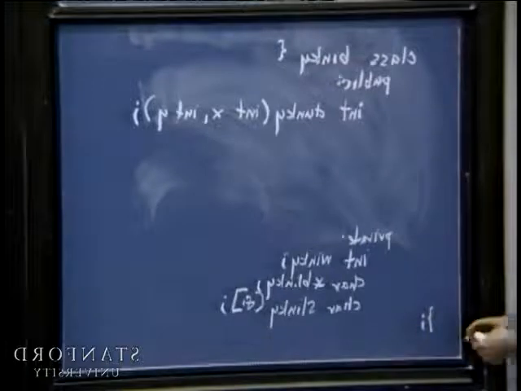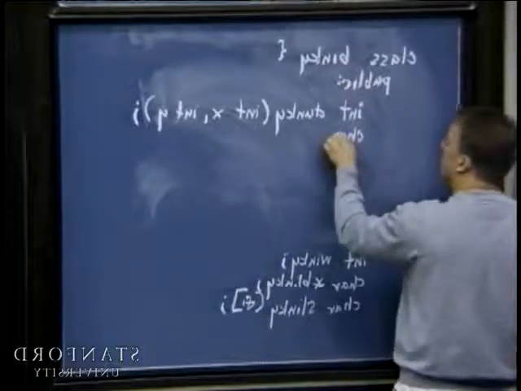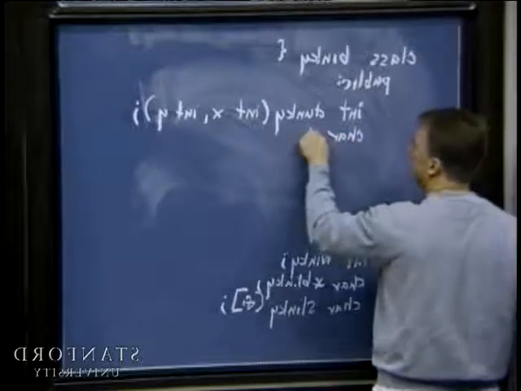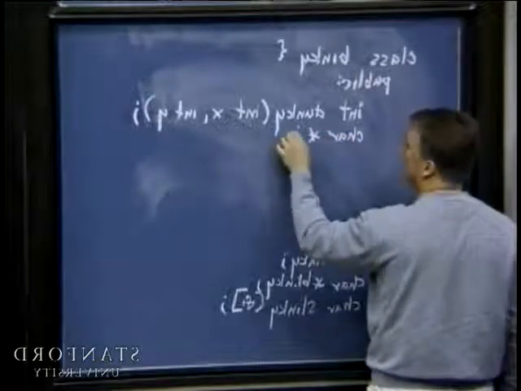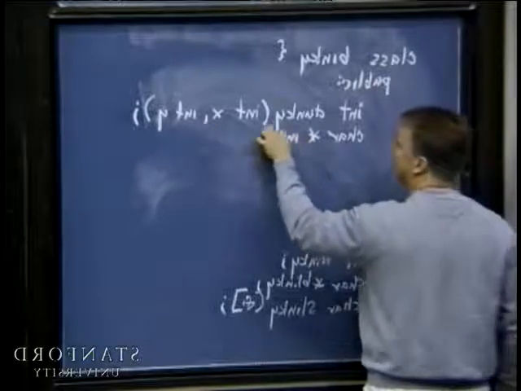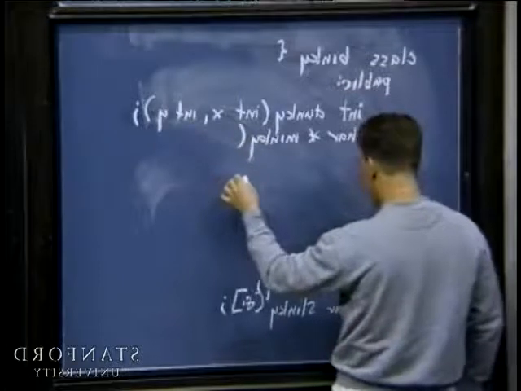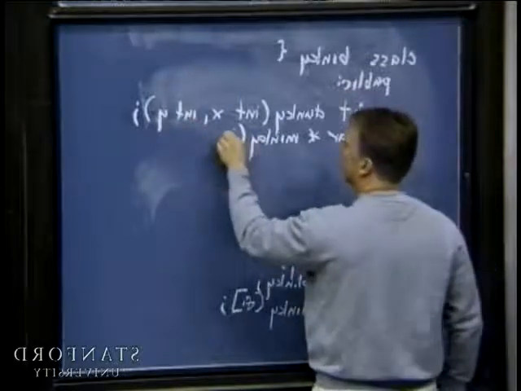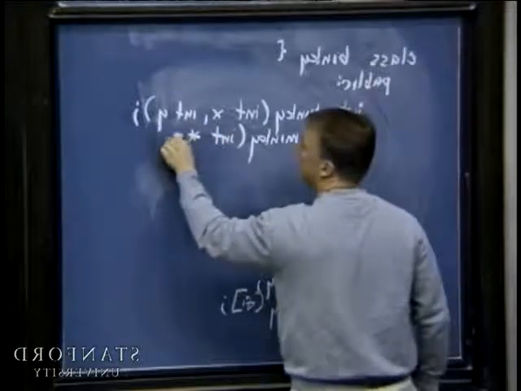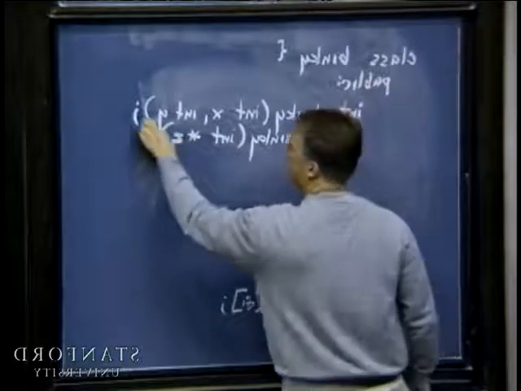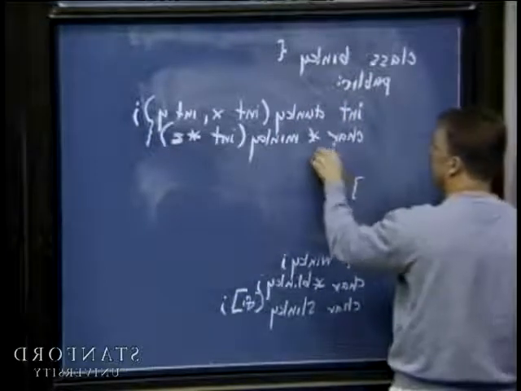Okay, and let me actually declare another method, char star. I'm running out of consonants. Minky. And all I want to do is pass in an int star called z, and I will inline the implementation of this thing to do this.